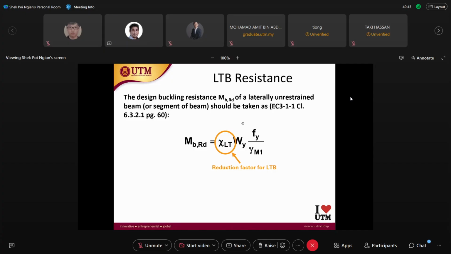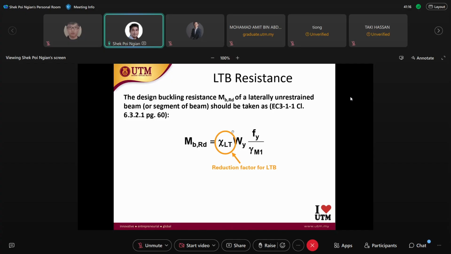For an unrestrained beam, the buckling moment resistance is given by chi_LT times W times f_y divided by gamma_M1. Chi, this is not X, chi_LT. W is the section modulus, depending on your section classification. f_y is the yield strength. Gamma_M1 is the partial safety factor.